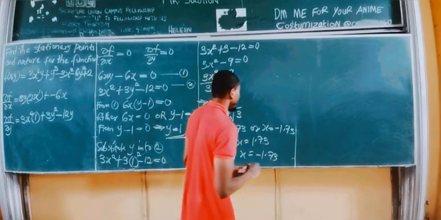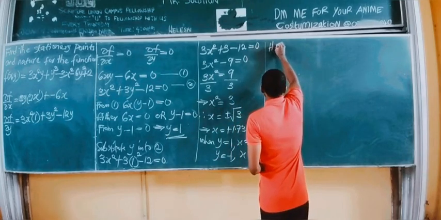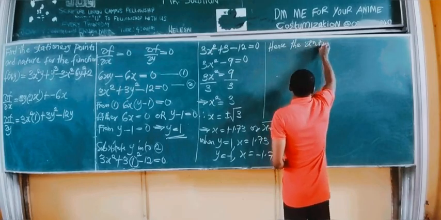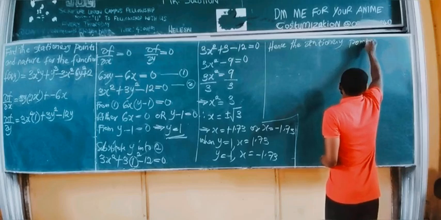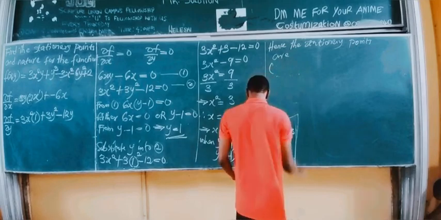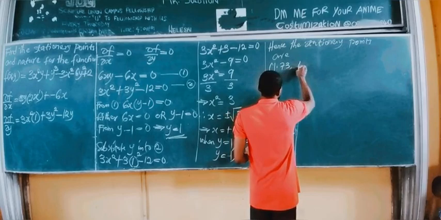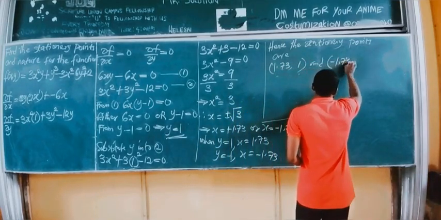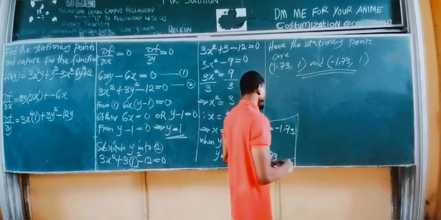So the stationary points are simply when x is 1.73, we have y to be 1. And also, when x is minus 1.73, we also have y to be 1. So these are the stationary points in the given function.